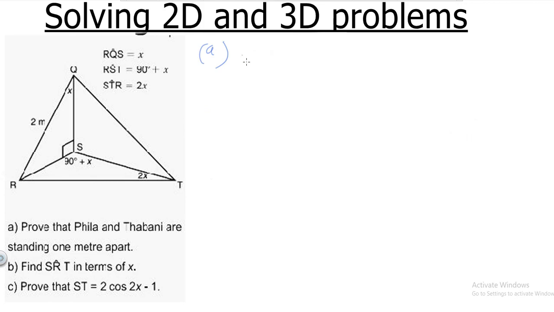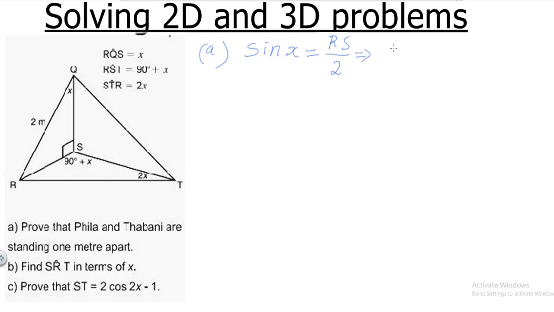So what we're gonna do, remember, if we have an opposite side, we use the ratio sine. So sine x will be equal to opposite, which is RS, divided by hypotenuse, which is 2 meters.